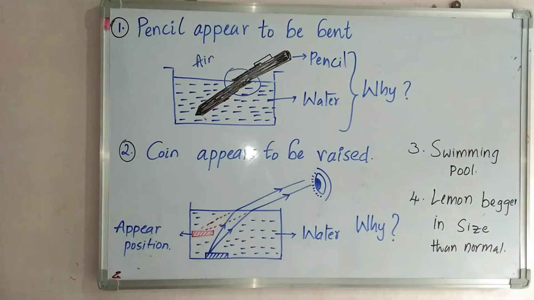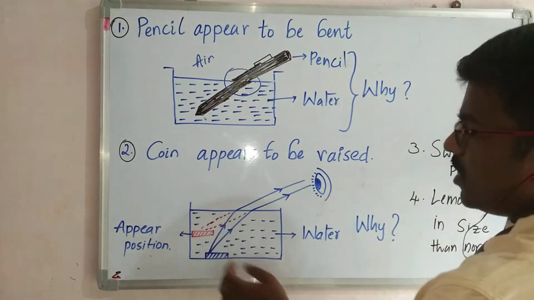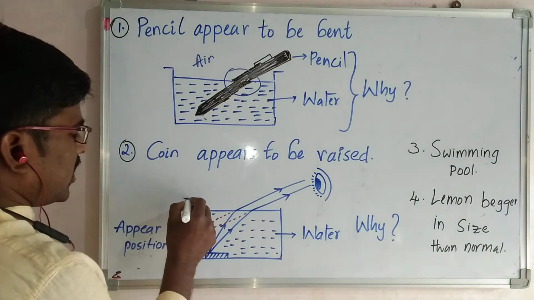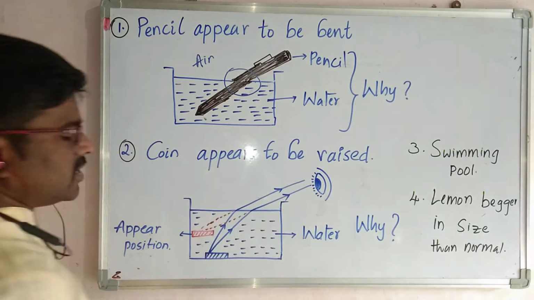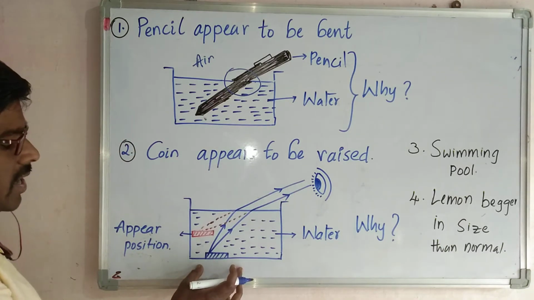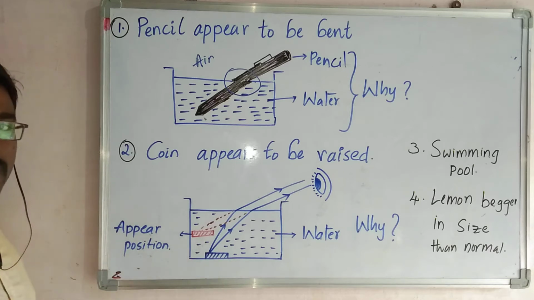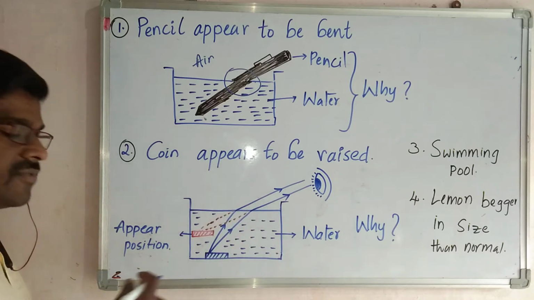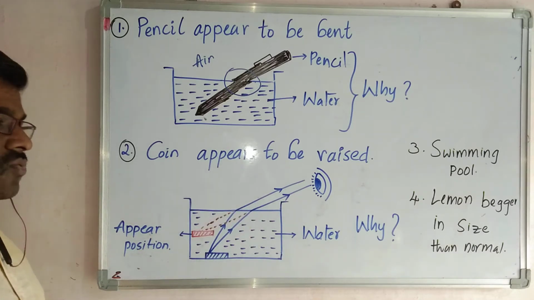One more example, let us see. A coin is placed in a glass tumbler which contains water. Listen to me here. There is a glass tumbler, and a small coin is placed at the bottom of the glass tumbler, which is filled with water.